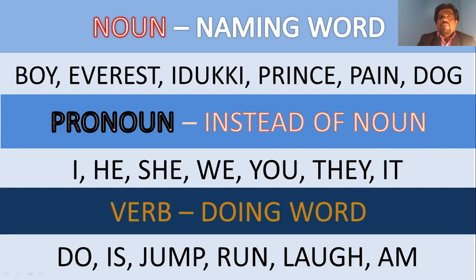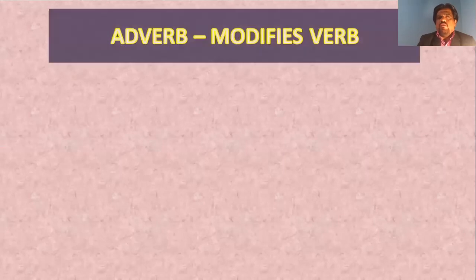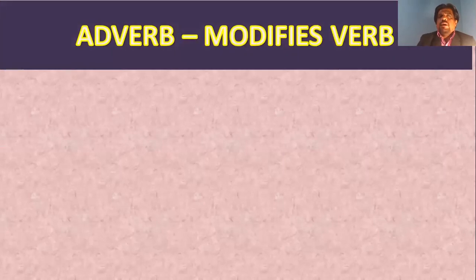And from verb, as I already told you, we can move to adverb. Adverb modifies verb, or they are modifying words. They are modifying words, but they are verb modifying words. So adverbs are verb modifying words, or to put it more easily, modifies verb.